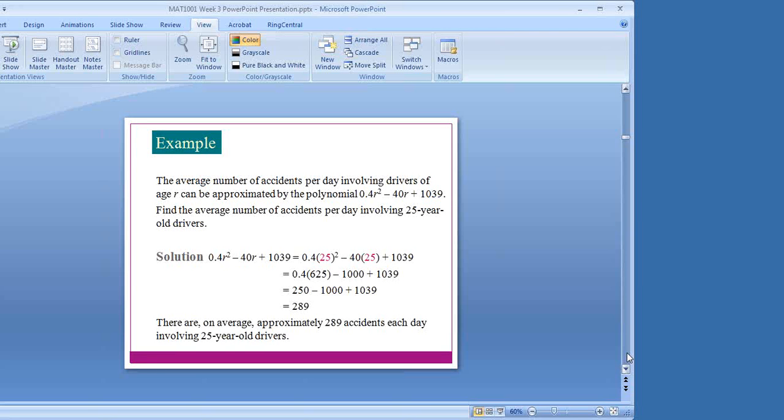This is just a fictitious example, so this is not anything for or against 25-year-old drivers. It's just an example. But if I replace R with 25, and that's the only hard part about these, I think. If you feel good about the order of operations, the only hard part is remembering what the variable stands for. So if R is 25, I just replace the expression with 25 every time I see an R.